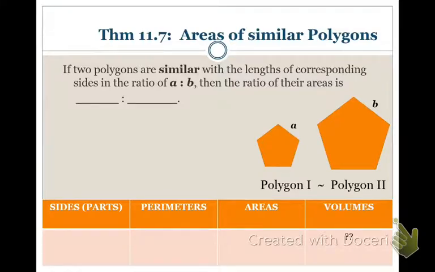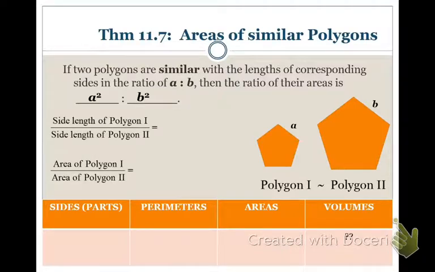So if we know that the sides have a length A to B, then the areas are going to have the ratio of A squared to B squared. So we can go from side length to area without knowing all the dimensions to find the area.